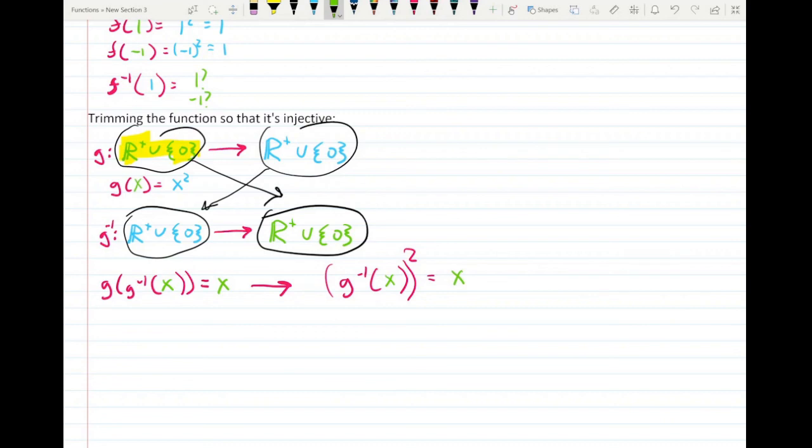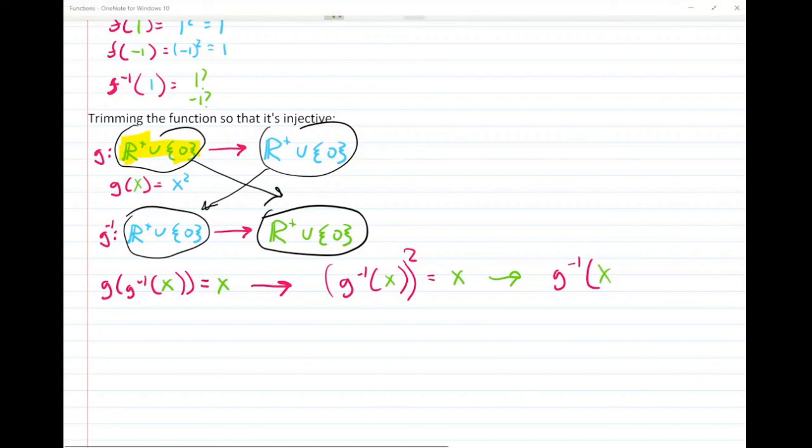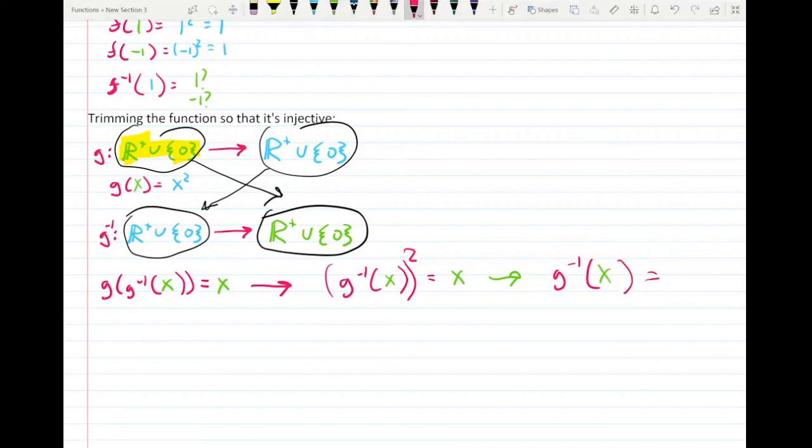And now we can simply take the square root of both sides, because we know we're taking the positive answer to the square root instead of choosing between either of them. And that gives us g inverse of x equals the square root of x.